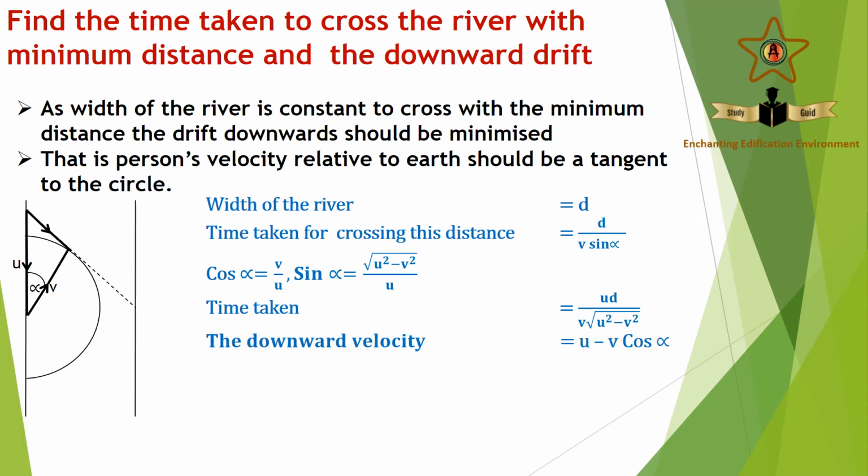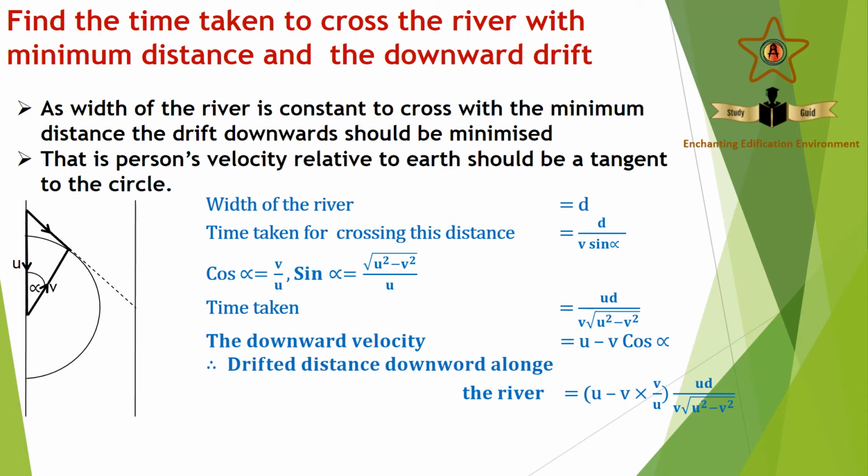The downward velocity is u minus v cos alpha. So the drifted distance downward along the river is going to be u minus v into v over u, into u d divided by v square root of u squared minus v squared.